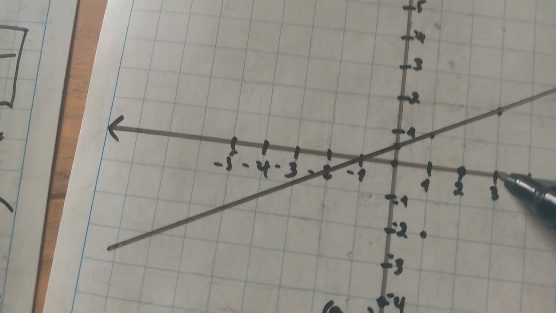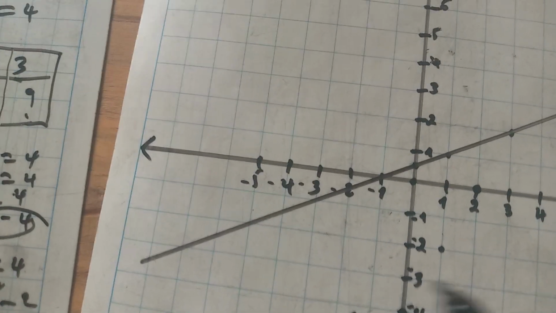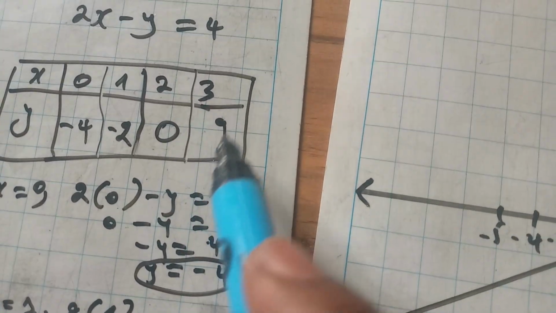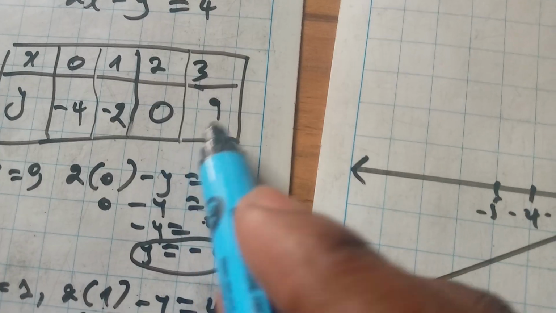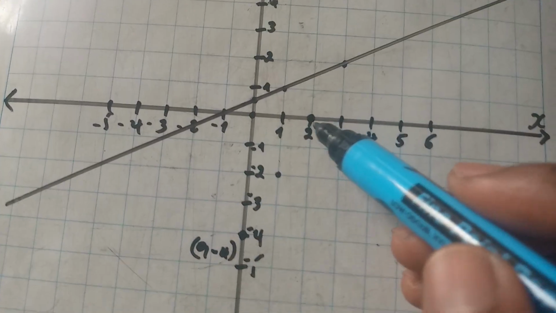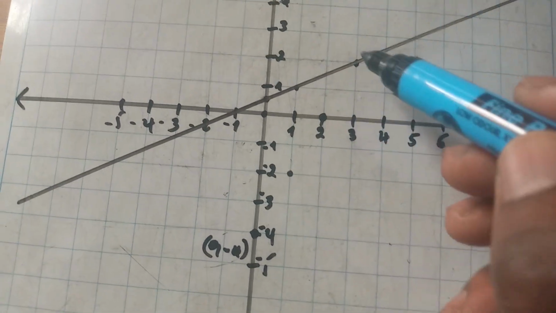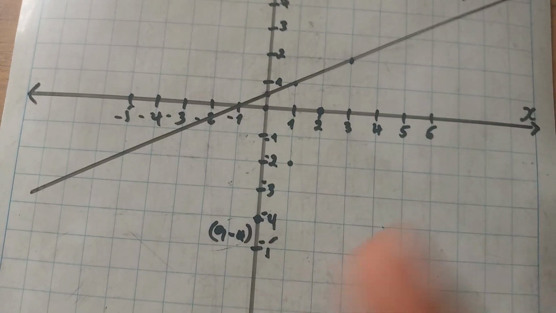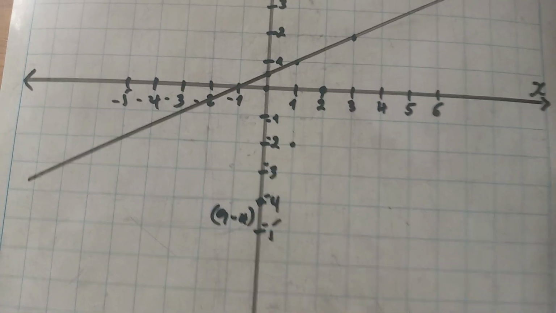You see, when you have 3 here, I think you have seen the value of this y. Exactly, it is 2. So this one will be 2. For this one, the point will be this one. So let us join these points by using a line also.